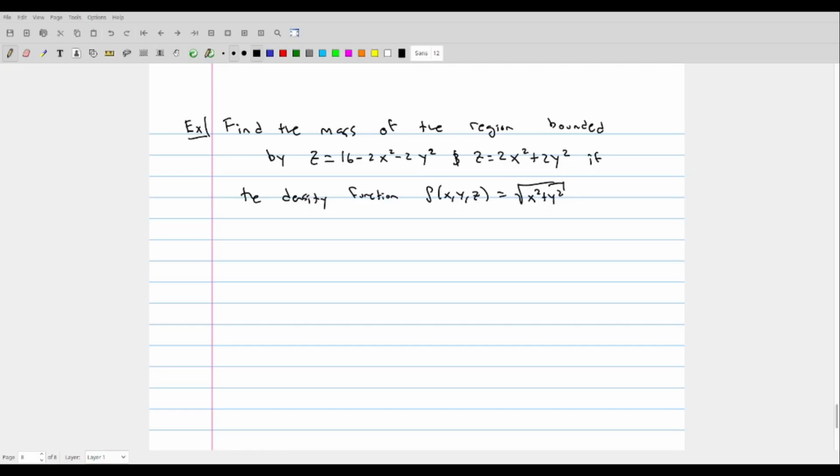So this is saying that the density grows linearly as you move away from the z-axis.